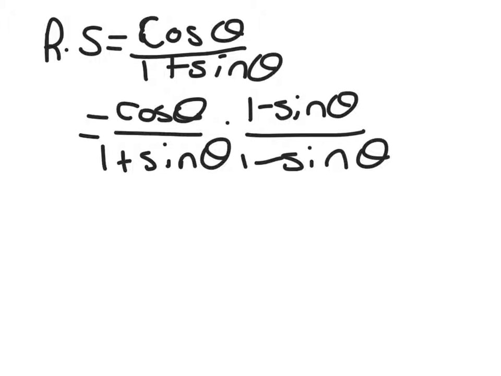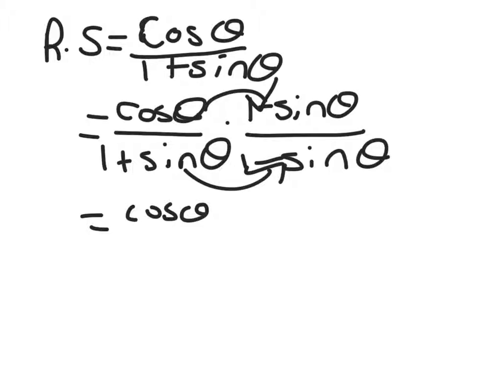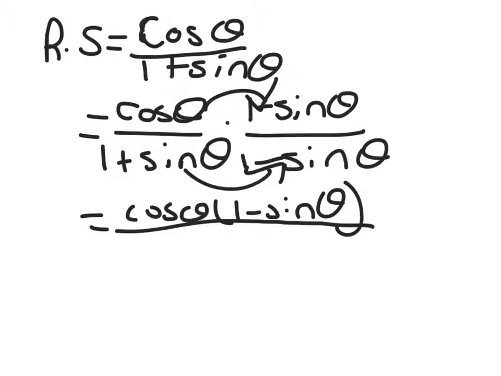So our next step, we're going to just simplify, so multiply the numerators and multiply the denominators. So we have cos theta times 1 minus sine theta all over 1 minus sine squared theta.